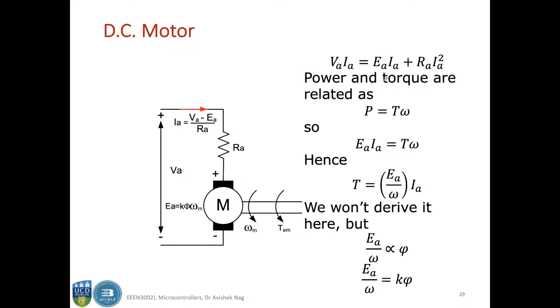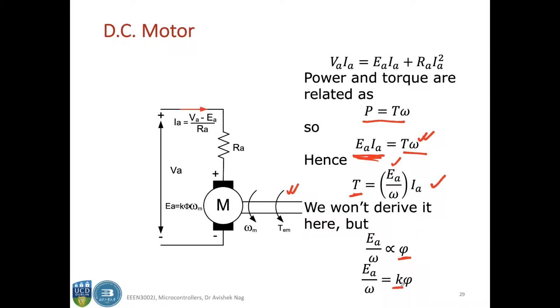So now the power and the torque. Okay, so torque means the rotational force. The power and the torque are related as this. Okay, so basically your back EMF power is equal to this torque times the rotational speed. So therefore the torque is given by this quantity. So this quantity EA over omega, we will not derive it here, but this is usually proportional to the magnetic flux density.